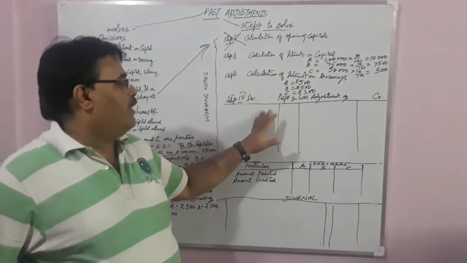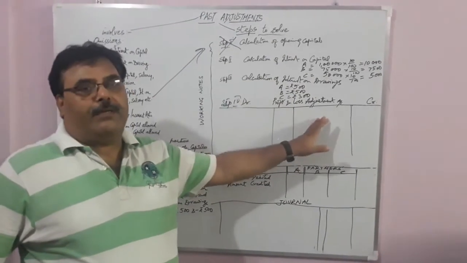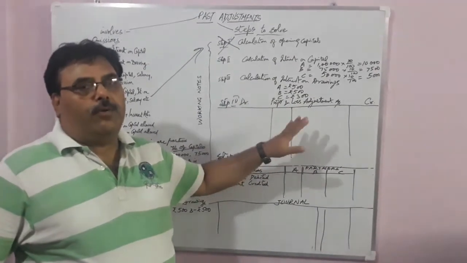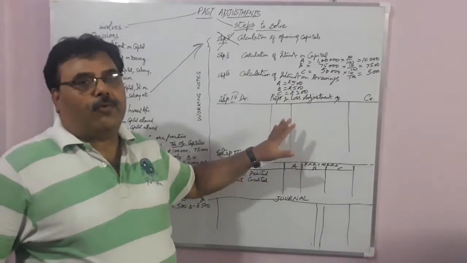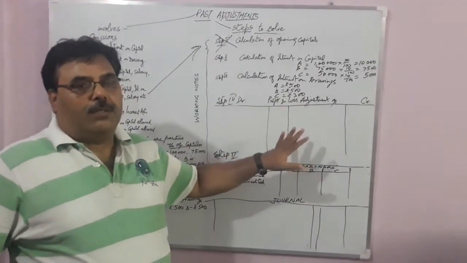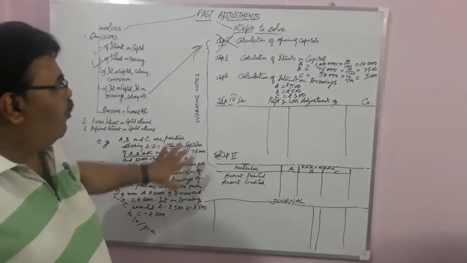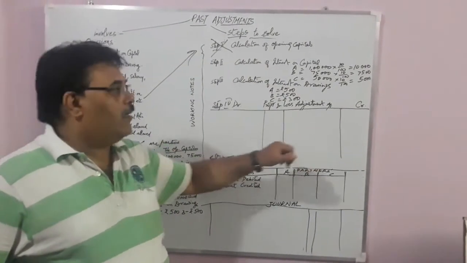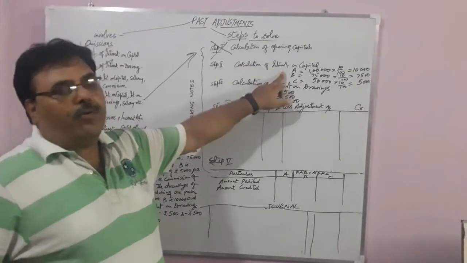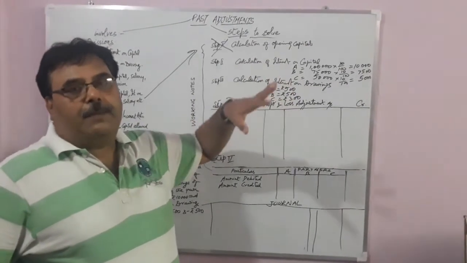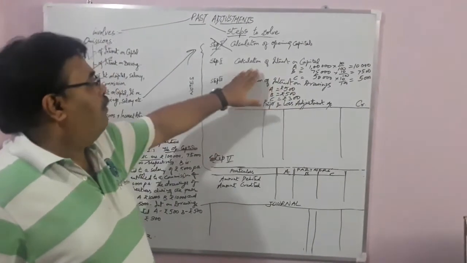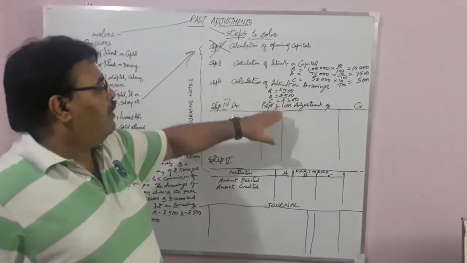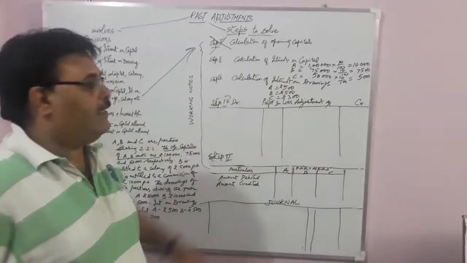Now I am going to step 4, which is preparing the P&L adjustment account. As I have already told you, the P&L adjustment account only shows omissions, and now I am going to put various omissions on the debit or credit side of it. As you know, interest on capital is an expense for the business, so for a partnership firm, it will be shown on the debit side of the P&L adjustment account.